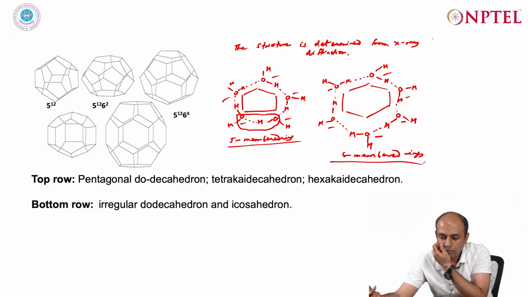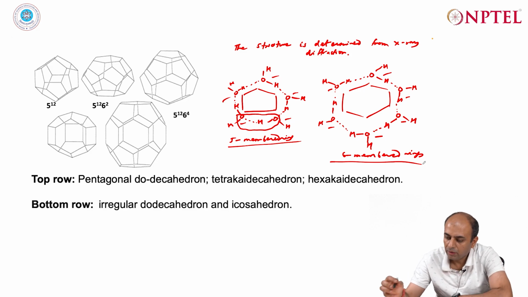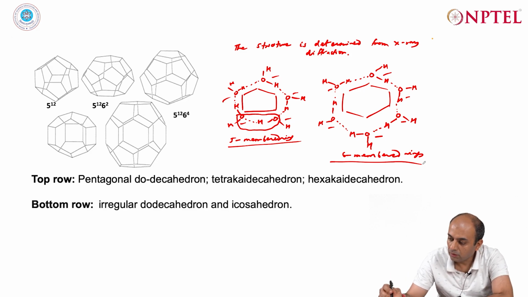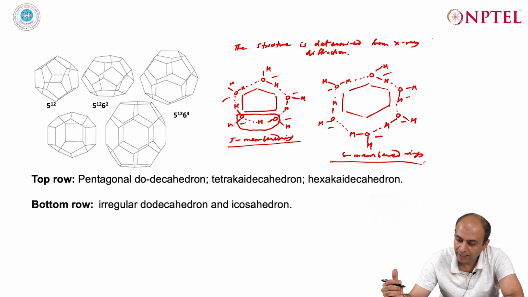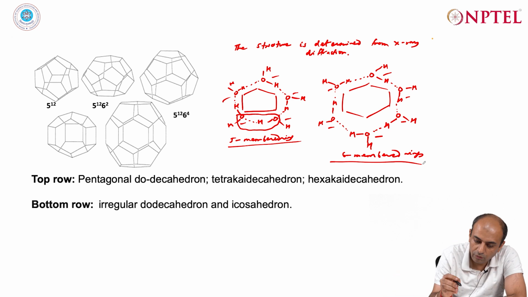So these kind of building blocks are present, and it is essentially the fusion of these 5 membered rings and the 6 membered rings which gives rise to these kind of gas hydrates. And what has been observed is the following. Now if you look at the diagram here, we can have different kind of 3-dimensional supramolecular building blocks of these water molecules.